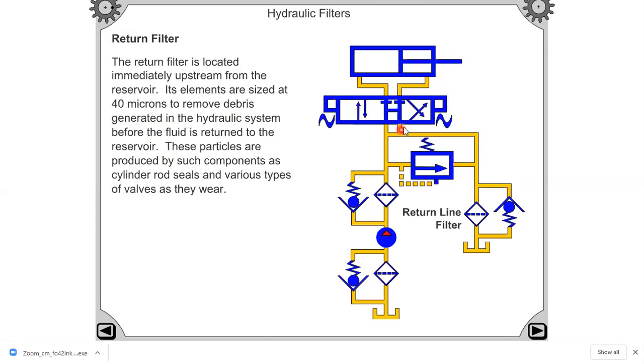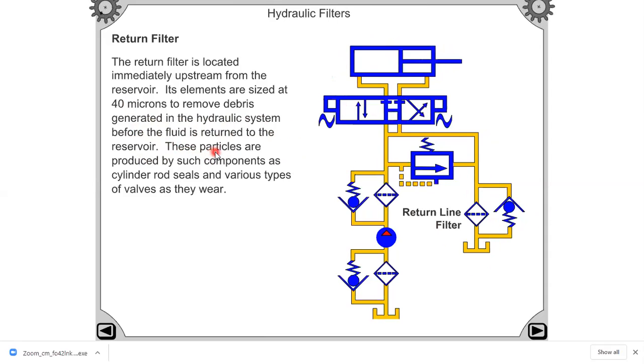Since the oil is returning to the tank, you may see here that the actuator is continuously moving, so there will be some wear and tear. That also we can call contaminants. Then the direction control valve is there, and from there also material may come. That will be trapped in this return filter.